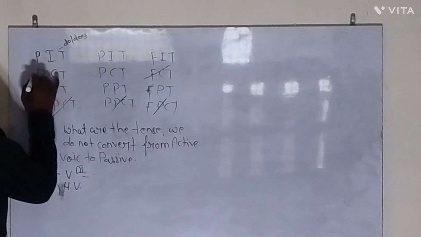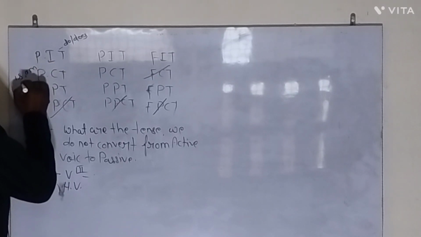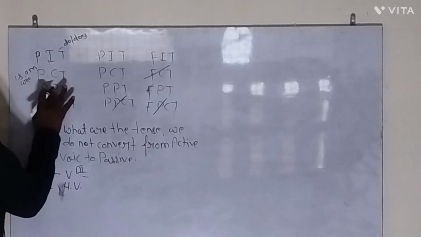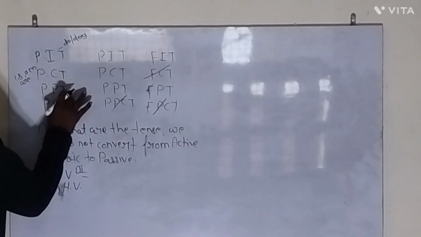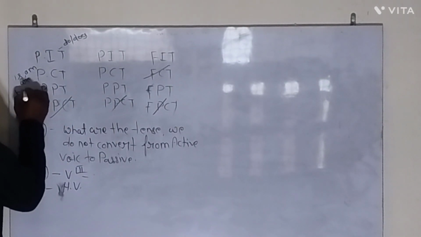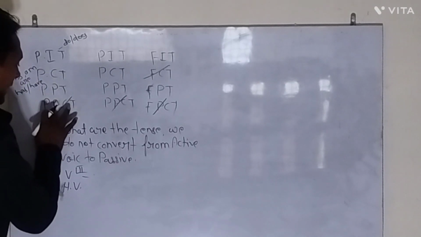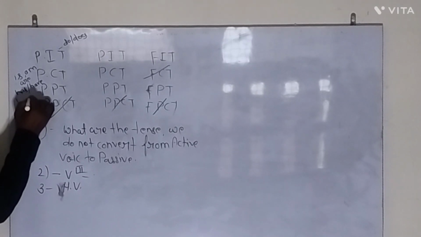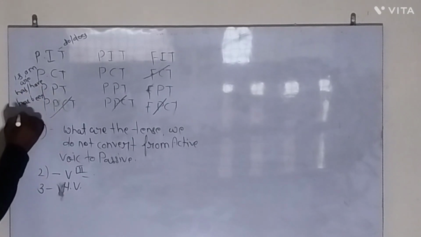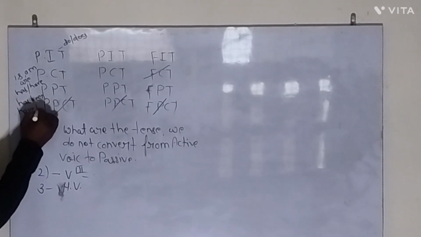PCT has is, am, are. Present perfect tense has has and have. And for present perfect continuous tense there will be have been and has been.